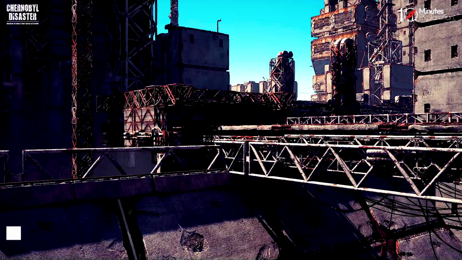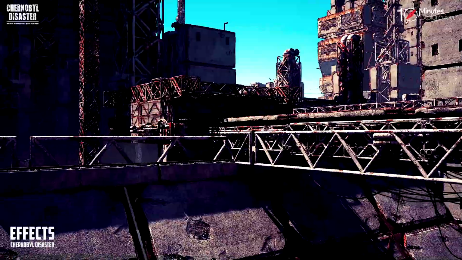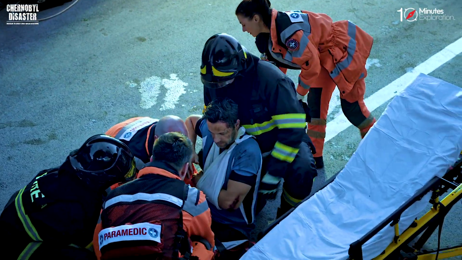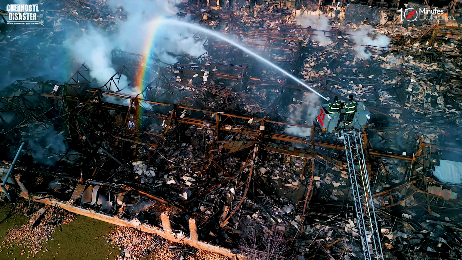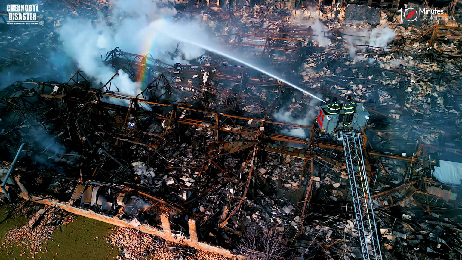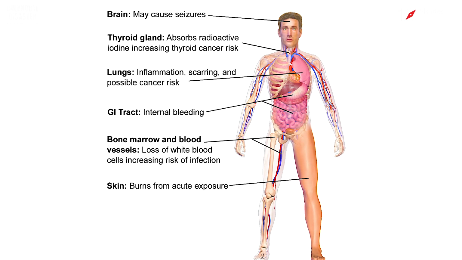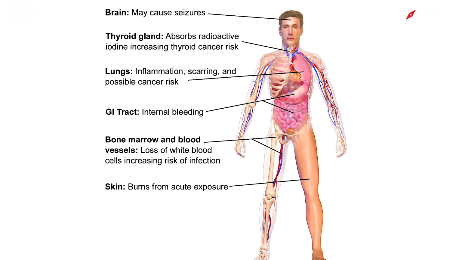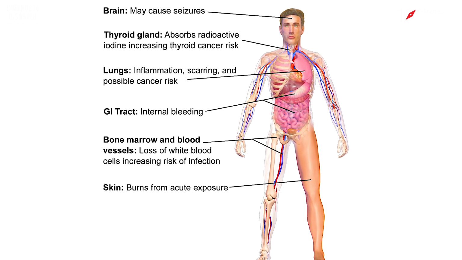The effects of the Chernobyl disaster were devastating and far-reaching. The explosion and fire killed 2 workers instantly and injured dozens more. The firefighters who responded to the scene received lethal doses of radiation and suffered from acute radiation syndrome, ARS, which caused nausea, vomiting, skin burns, hair loss, organ failure, and death.